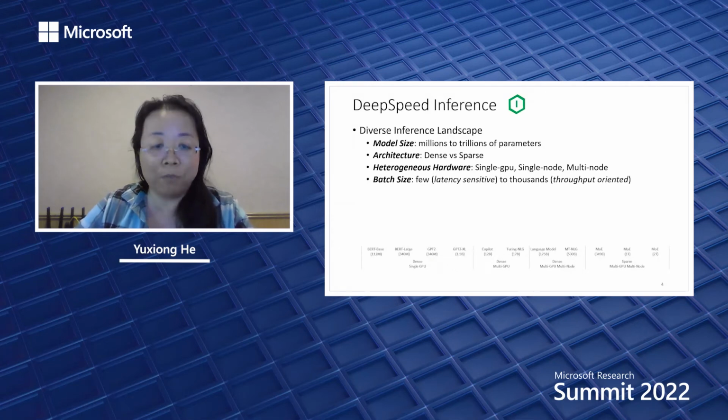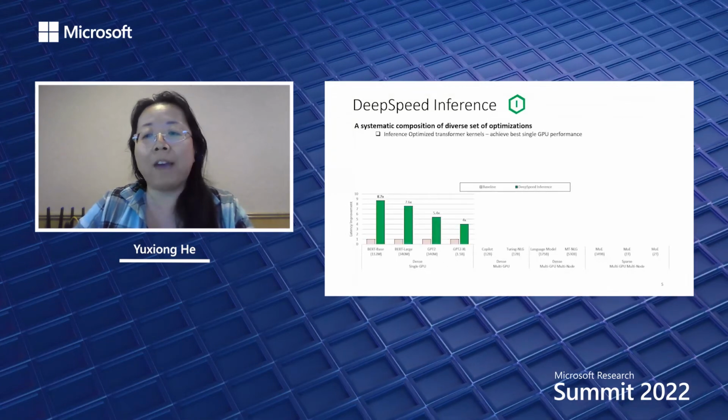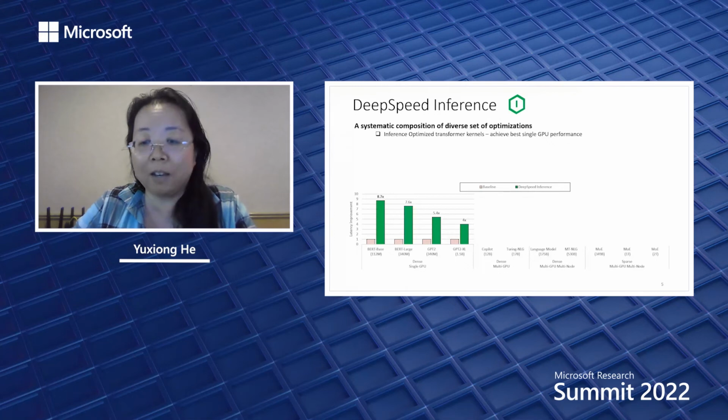To tackle the diverse workload requirements, we create a systematic composition of a comprehensive and diverse set of optimizations that can cover the broad inference landscape. At the core, we have the inference-optimized transformer kernels, designed to achieve the best single GPU performance at all batch sizes for models that fit in a single device.